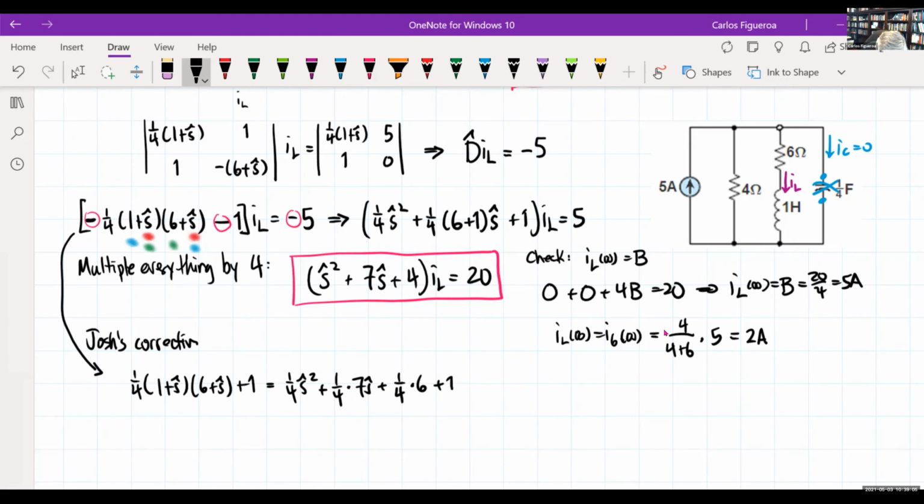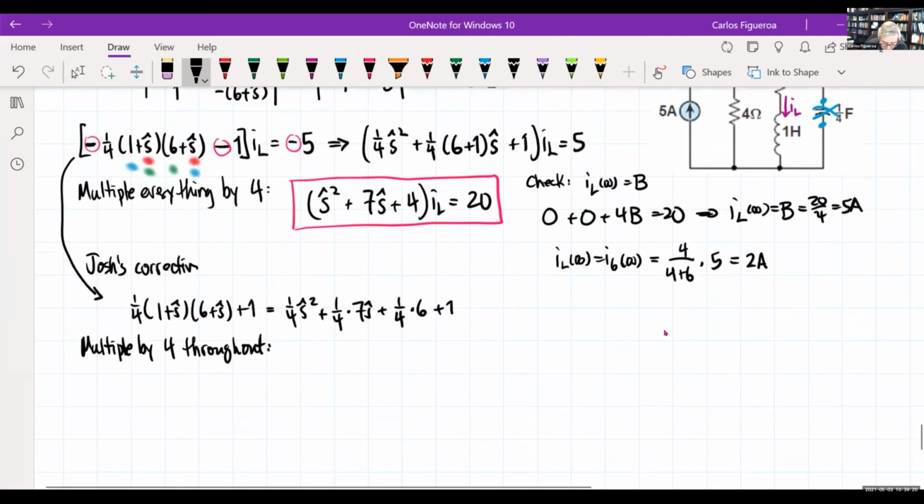And when you do that, then if you multiply by 4 throughout, you can see here that I'm going to get s hat squared plus 7 s hat, and then I'm going to get 6 plus 4, which is, of course, s hat squared plus 7 s hat plus 10.